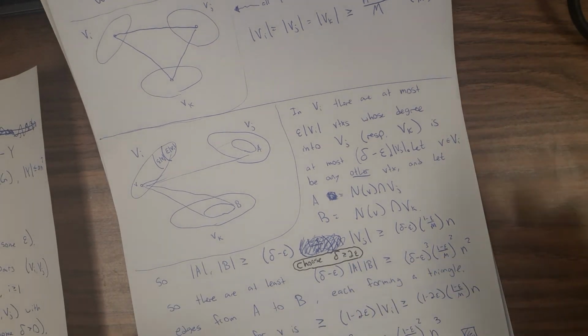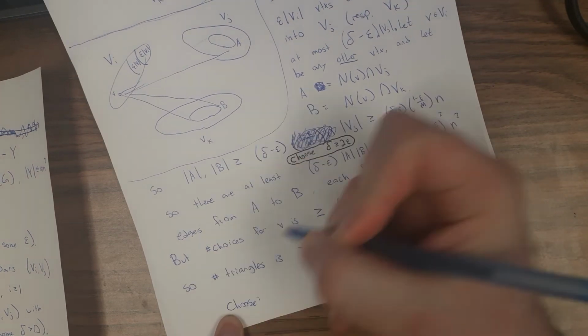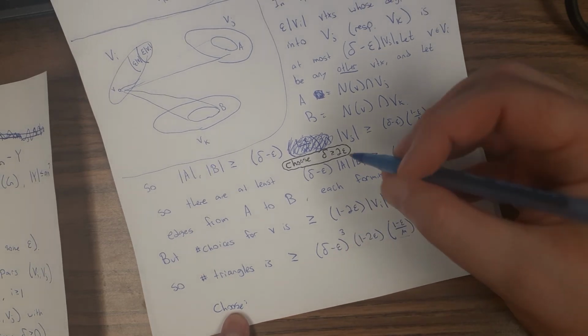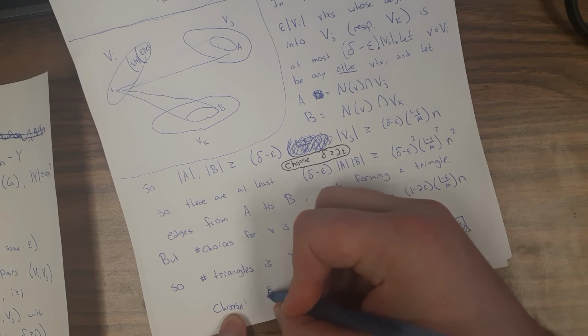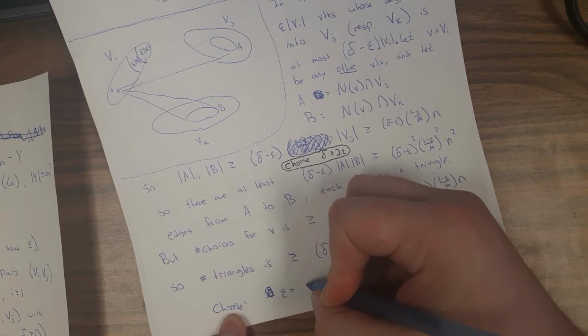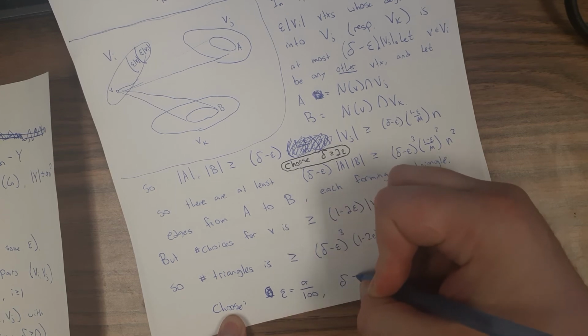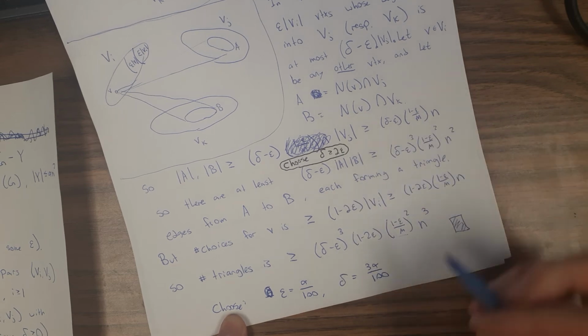Probably, let me be really safe here and say that epsilon can be alpha over 100, and delta can be 3 alpha over 100.